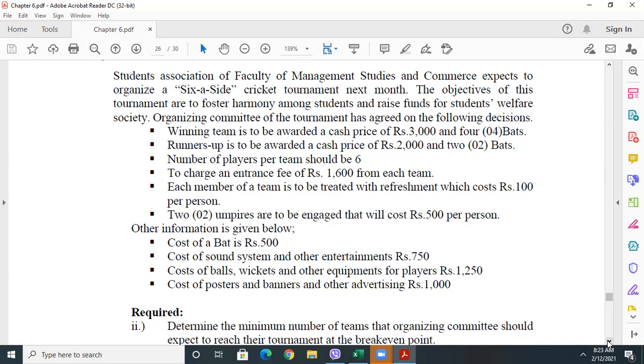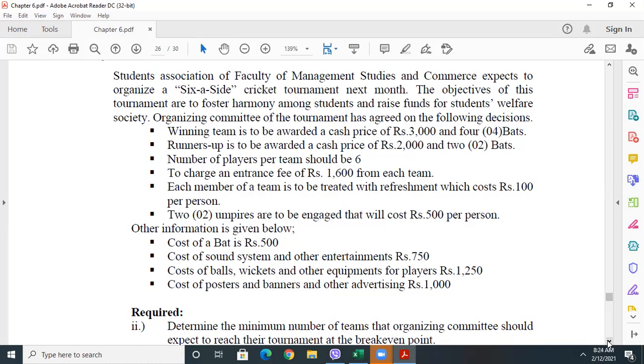The winning team is to be awarded a cash prize of 3,000 and 4 bats. Runners-up are to be awarded a cash prize of 2,000 and 2 bats. Okay, those are the rewards. The winning team and the runners-up are getting the cash prize as well as some goods, which are bats.